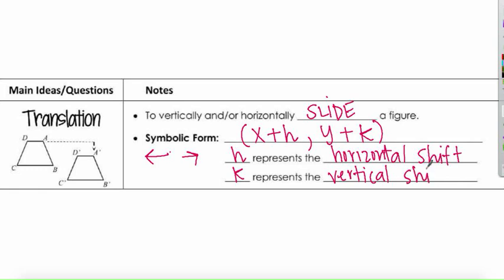That's going to tell us how much to move the original figure up or down. So it'll be x plus or minus a number, y plus or minus a number. This tells us how much to move left or right, and this tells us how much to move up or down.